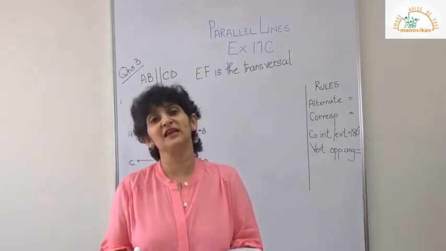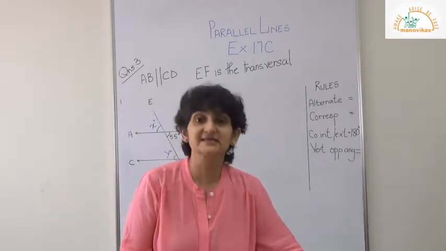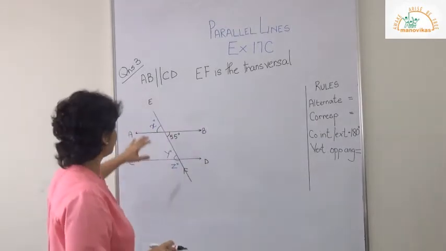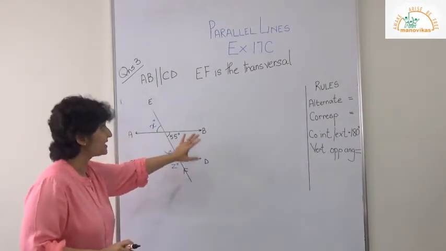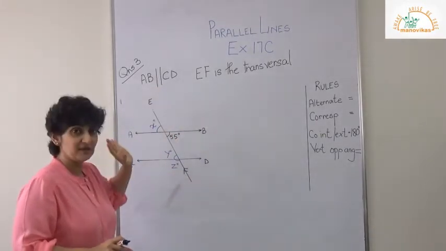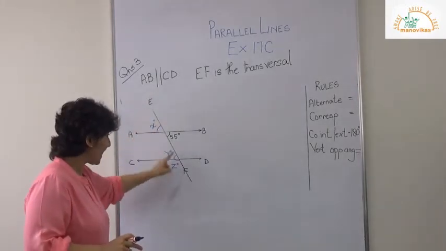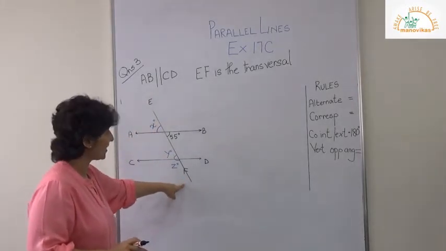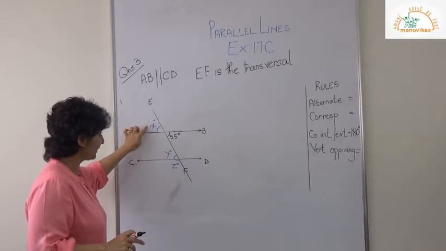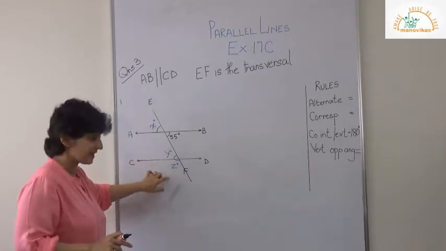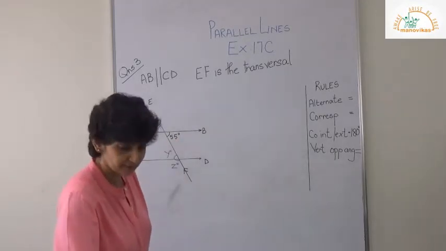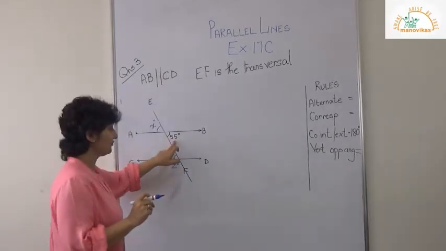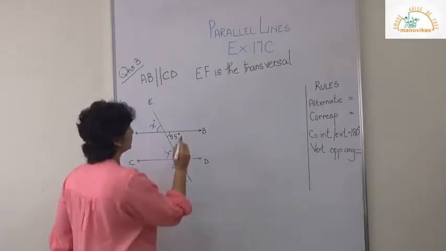Find each one of the unknown angles X, Y and Z. Now I have this and they have already told me AB is parallel to CD and EF is your transversal. I need to find out X, Y and Z. This is given to me, right? This angle 55 is given to us.